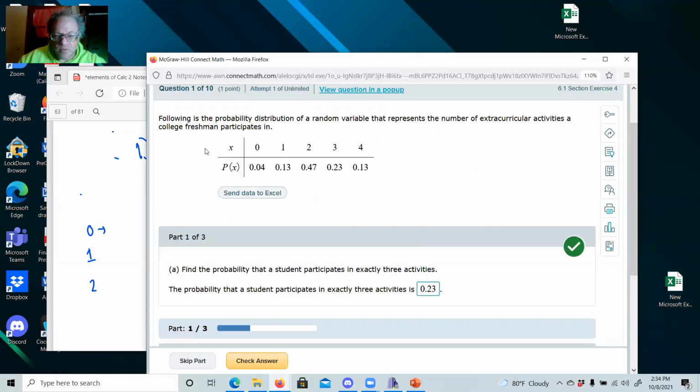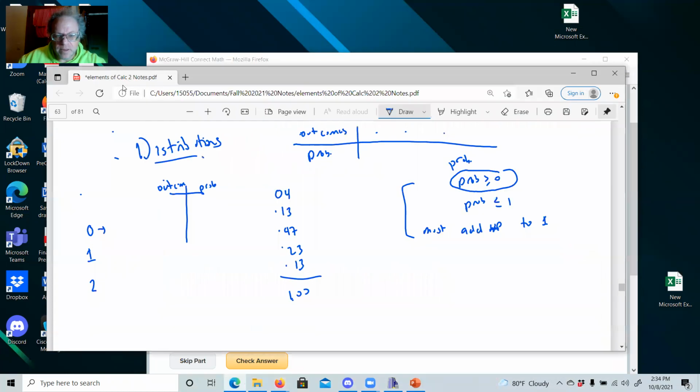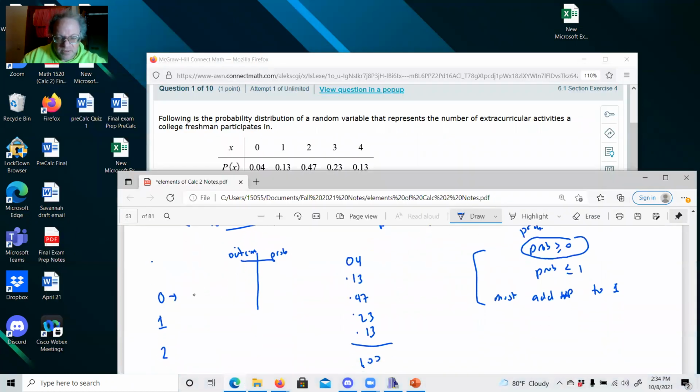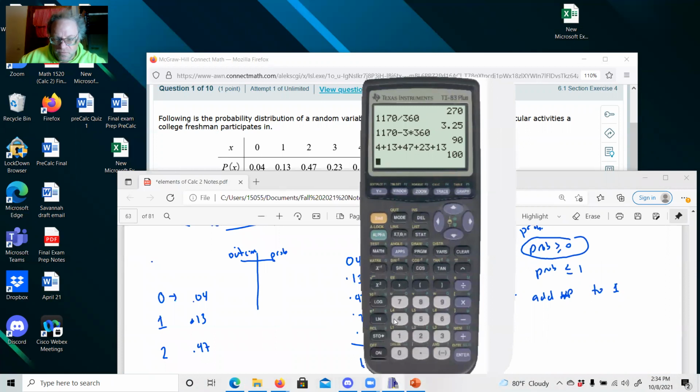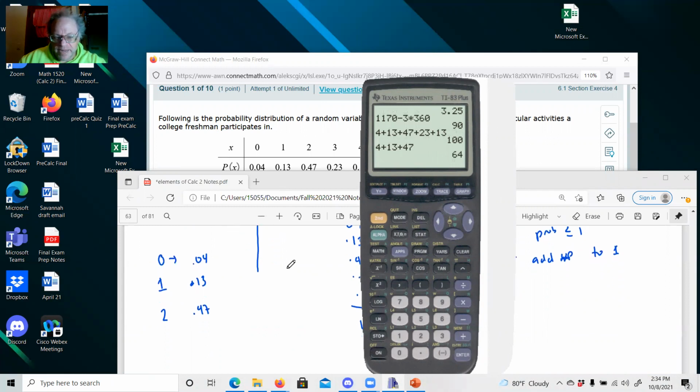Okay, so that's 4 cents. Okay, so we have 0.04, 0.13, and 0.47. And we're just going to add those parts up. Okay, so what are we going to do here? We're going to say we have 4 plus 13 plus 47 equals, and again, these are pennies.